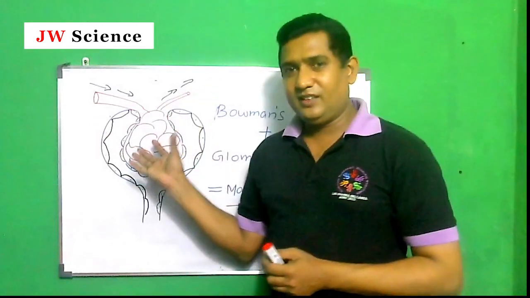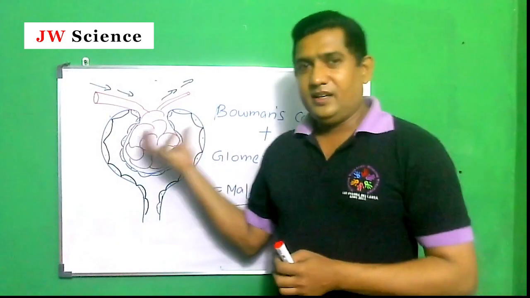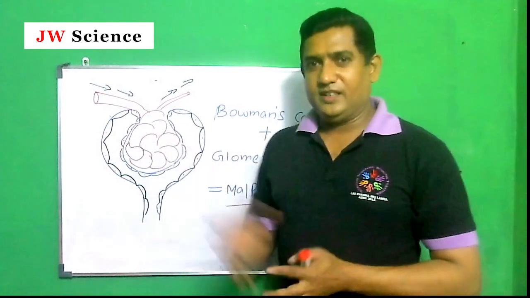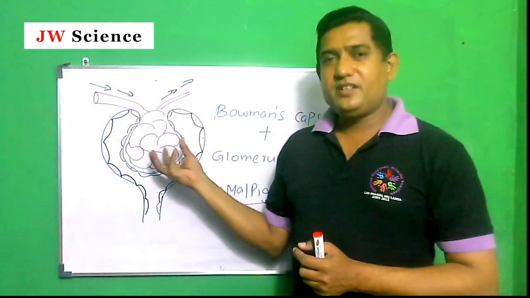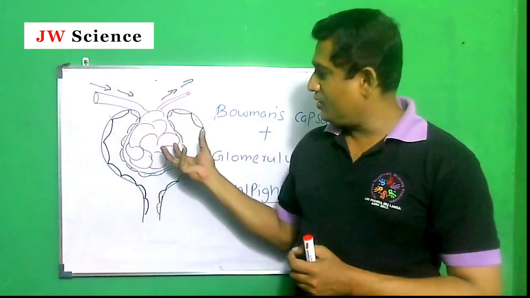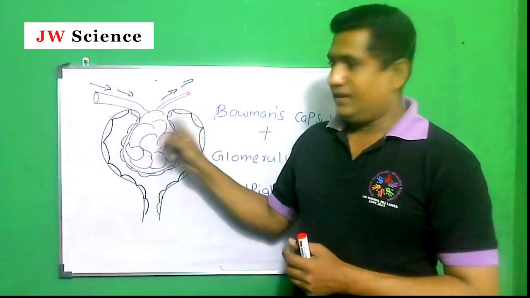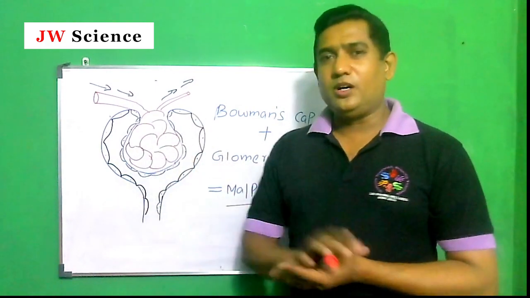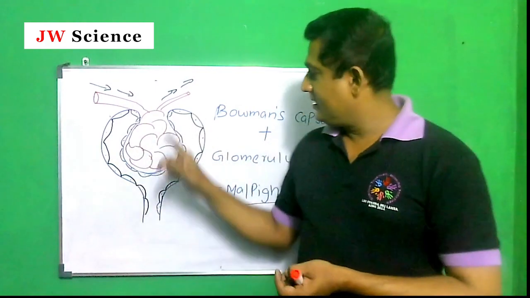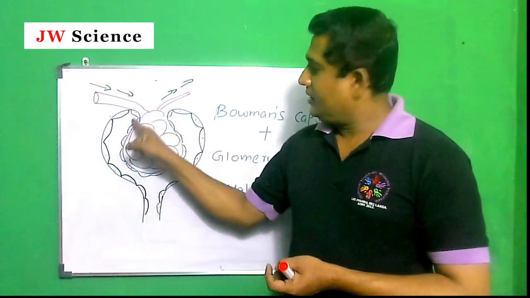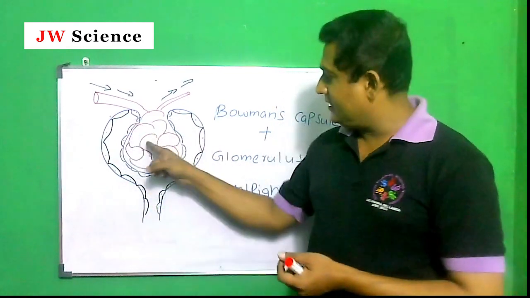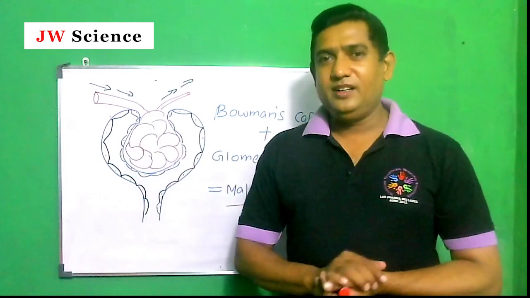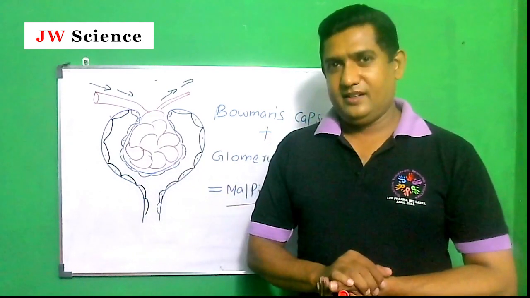So what happens inside the glomerulus? The blood pressure will go up as a result of the variation of blood flow. The blood pressure will go up inside the glomerulus. The thickness of Bowman's capsule and the capillary wall is very limited.